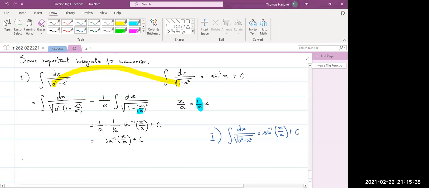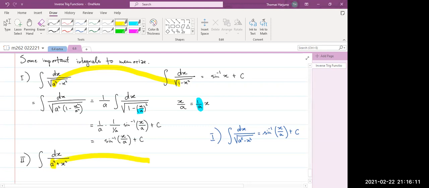The second integral that shows up a lot, actually even more compared to the first one, is the integral of 1 over a squared plus x squared. Now, the way we derive that has something to do with the tangent inverse one.